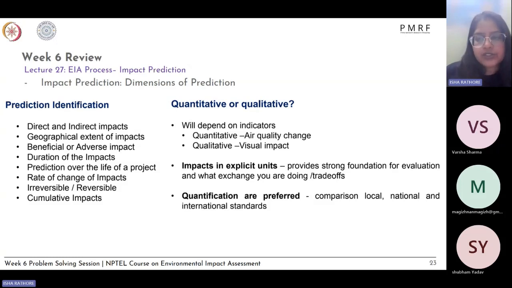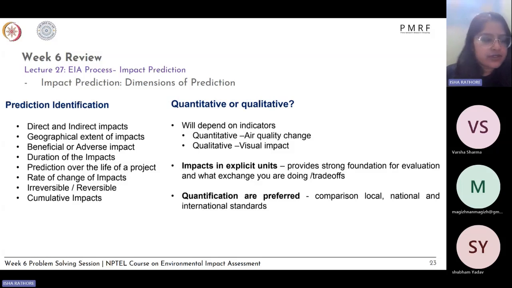And then there are impacts in explicit units. So it gives you a strong foundation for evaluation. You can evaluate how much change has happened over time, and what exchange needs to be done for certain trade-offs. That is, if your air quality requirement is below 50, then what can be done to bring it from 100 down to 50?